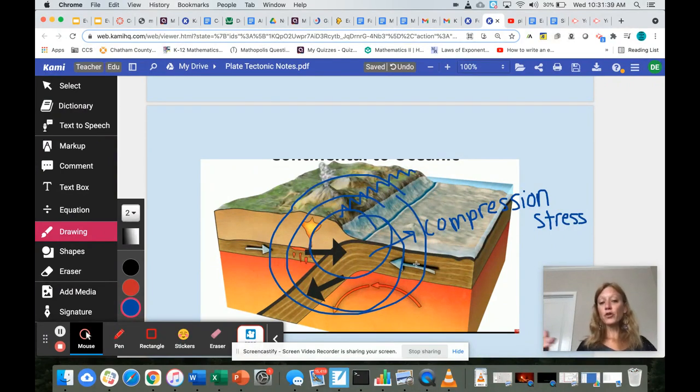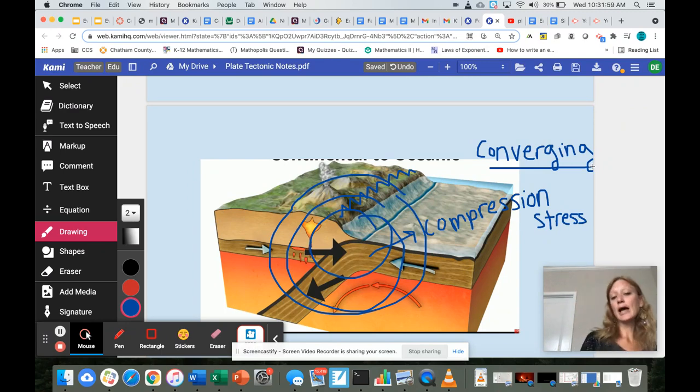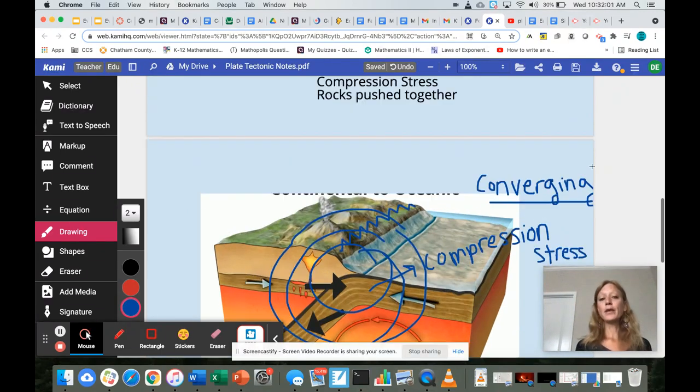It is a converging plate boundary, right? Not diverging and not transform, converging. The transform plate boundaries is what will happen in California. So if this is a converging plate boundary, could be like in Haiti, it could be in Alaska where land meets water.